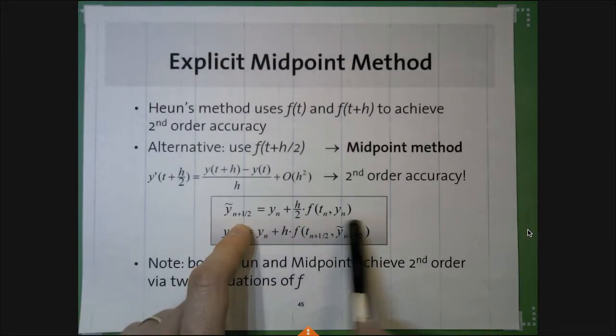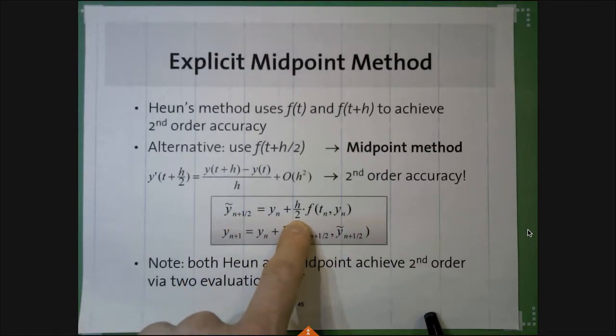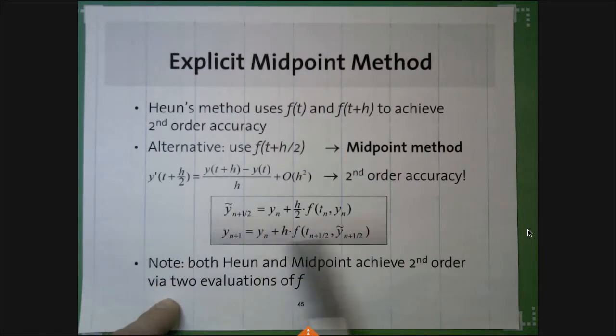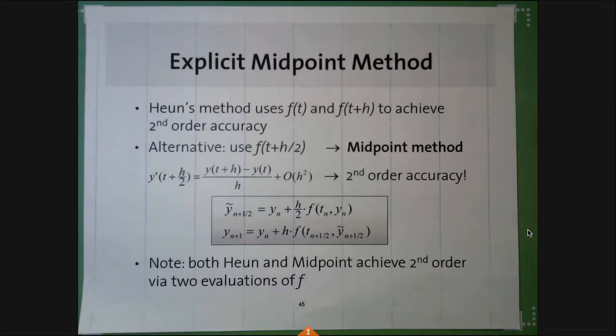If we take an Euler step halfway, for half of our time step, h over 2, we will get y tilde n plus 1 half. And then we just use the slope evaluated at that point to do a full Euler step. You could imagine a similar picture as before, except that now we step half a step forward, and use the derivative estimate to do the full step.